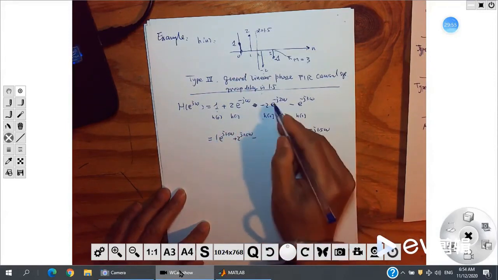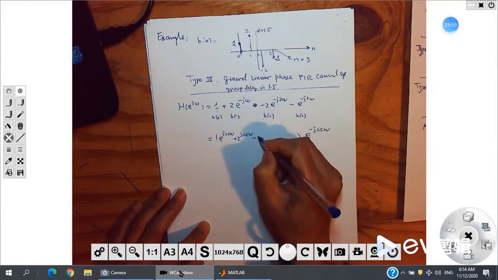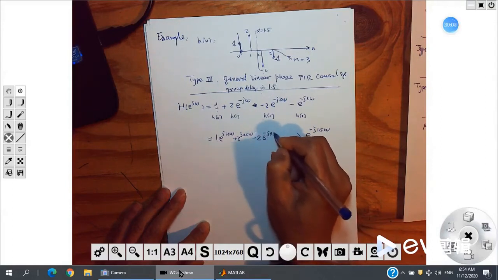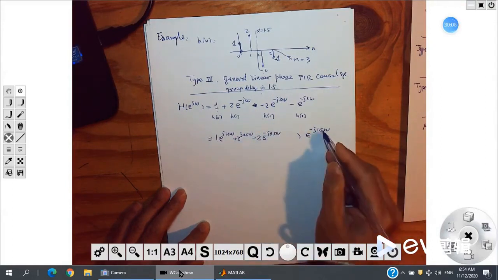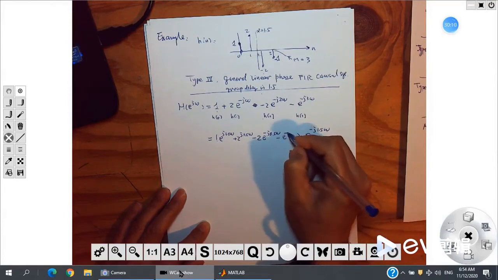Minus, this is 2ω; you remove 1.5, you have a half left, e to the negative j half ω. And this one, you remove 1.5, another 1.5 left.